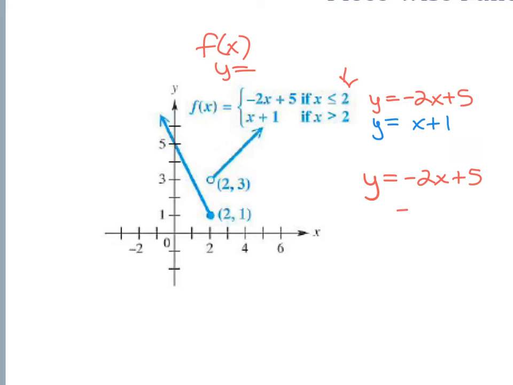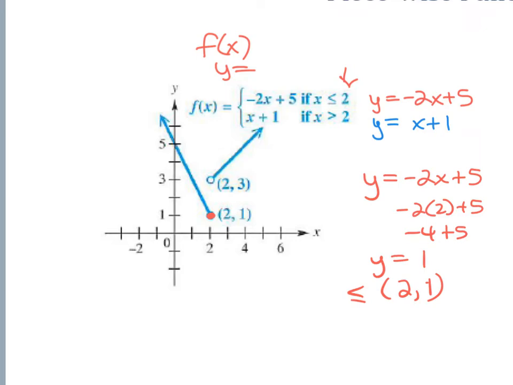So I'm going to plug in a 2 for x. I'm going to evaluate this, -4 plus 5. So y equals 1 when you plug in 2. So that would be my first ordered pair I graph. Notice it has the less than or equal to symbol. So that would be a closed circle on the ordered pair 2, 1.